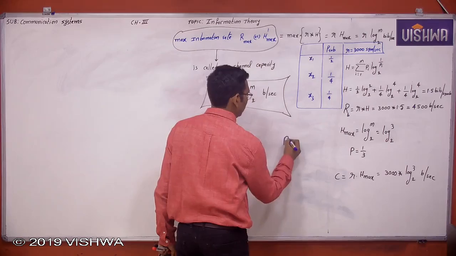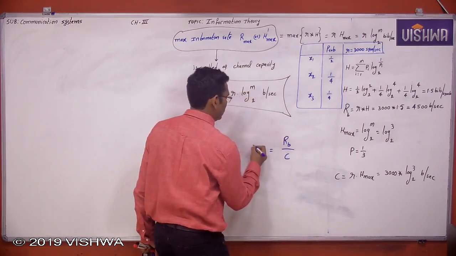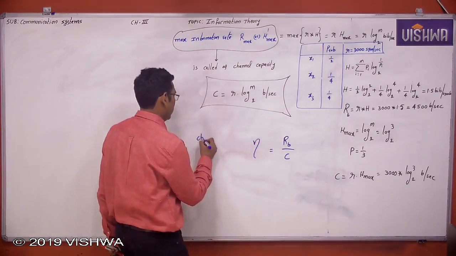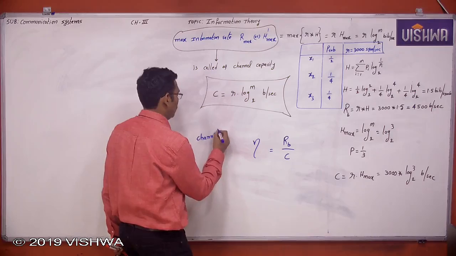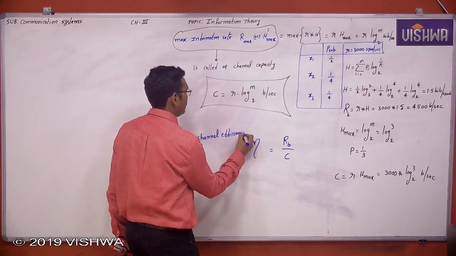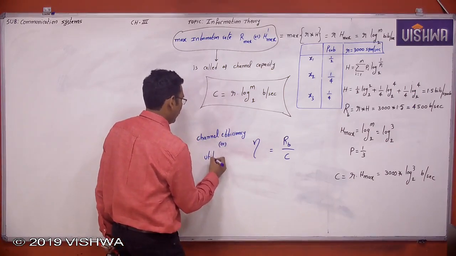Information rate over channel capacity is called the utilization factor or channel efficiency.